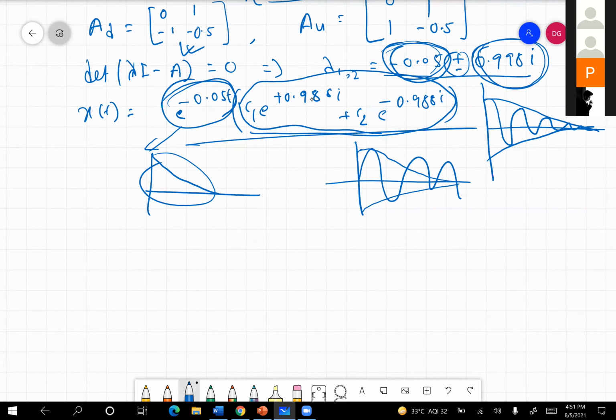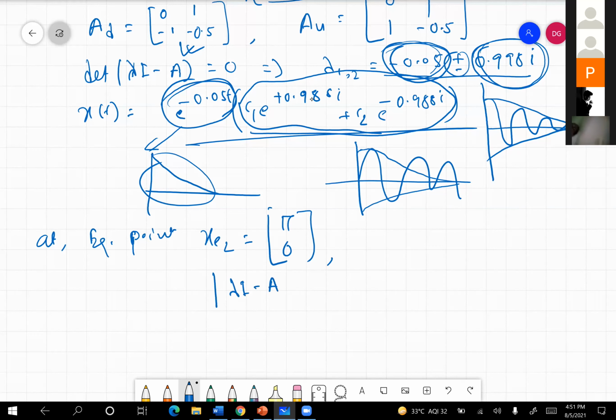So similarly, we can find at the equilibrium point, xe2 equal to pi and 0. So we can write the eigenvalue equation, determinant of lambda I minus A equal to 0.